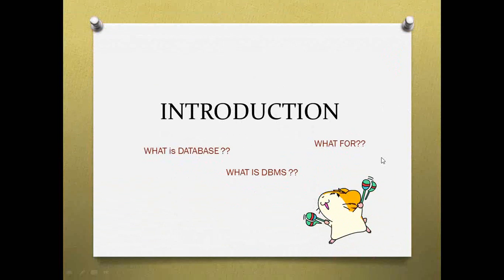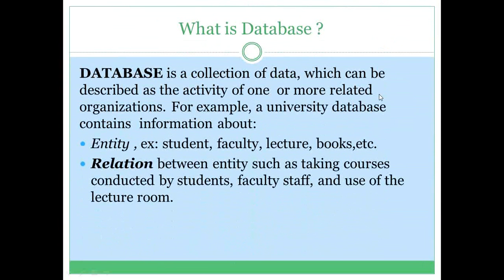Next, so what is a database? A database is a collection of data which can describe the activity of one or more related organizations. So a database is many pieces of data collected into one. It is called a database.